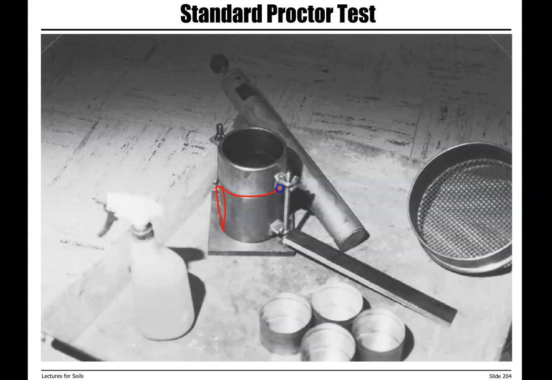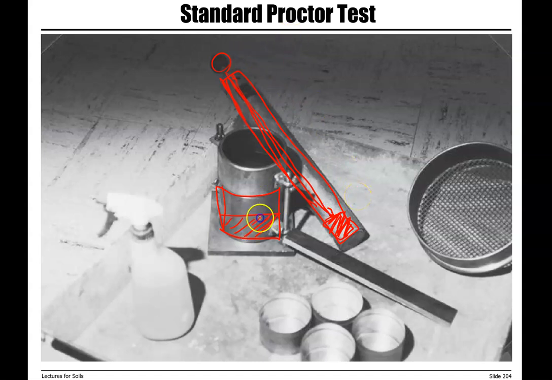Again, this is our mold. We do the first layer, put the first layer of soil in there. This is our hammer. This is 5.5 pound. This is 12 inches.